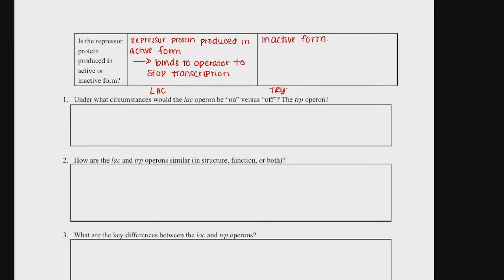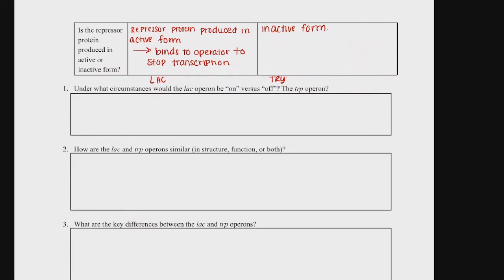Number 1. Under what circumstances would the lac operon be on versus off? And the same question for the trp operon. For the lac operon, it would be off if there was no lactose in the cell.